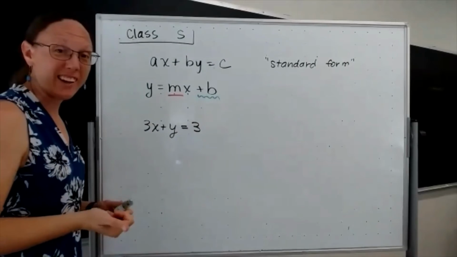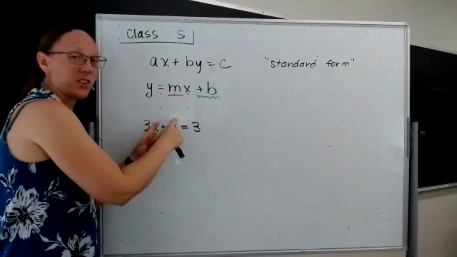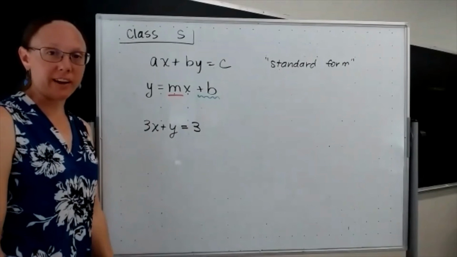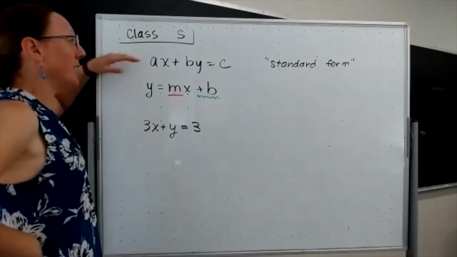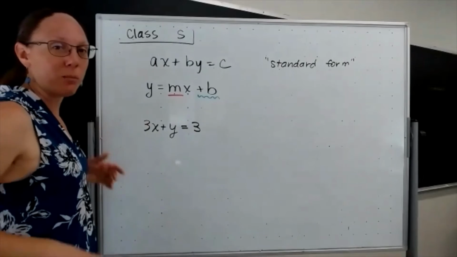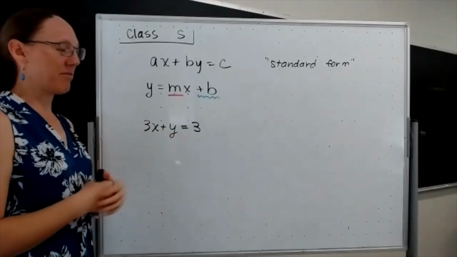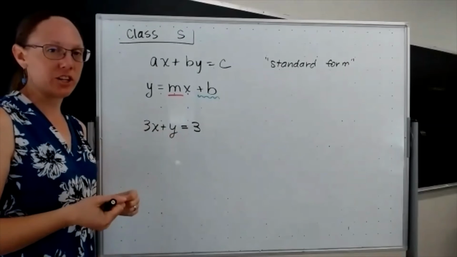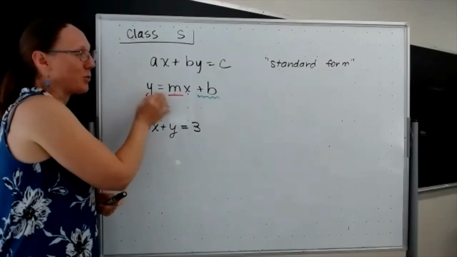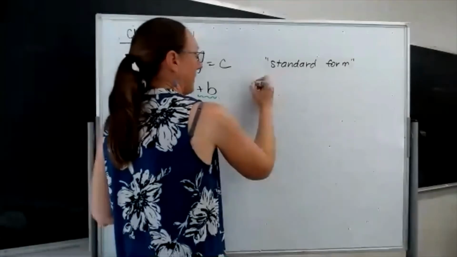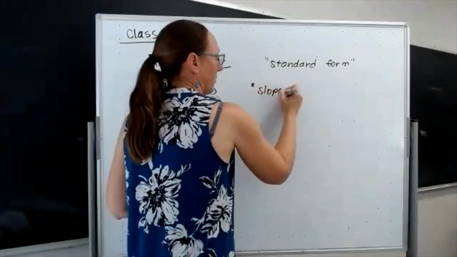I do the quick check to see that my powers on x and y are both equal to 1, which means we are graphing a line. But this one currently is in standard form. If we want to use the slope and the intercept to graph this, we first have to rearrange it into slope-intercept form. And I guess I can label this guy slope.